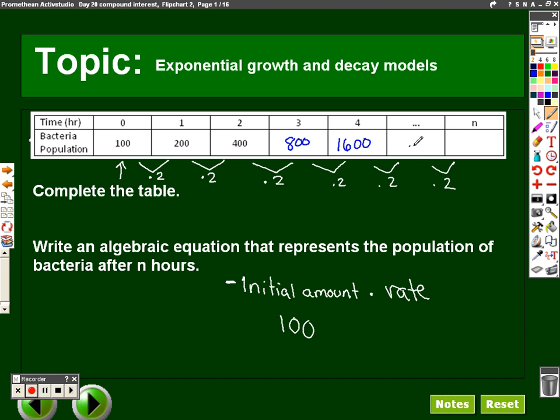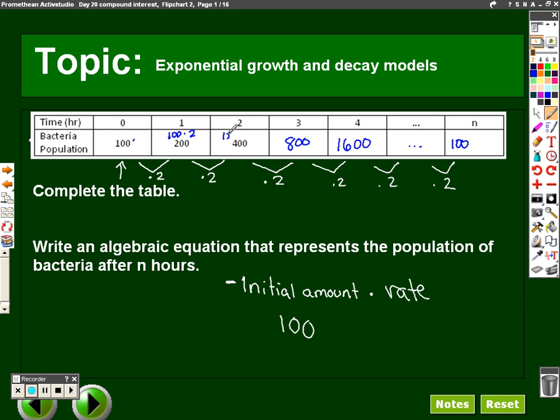So what if I wanted to write an equation that represented any time value? I'd say, well, I started with 100, and this was 100 times 1, maybe. And this was 100 times 2.